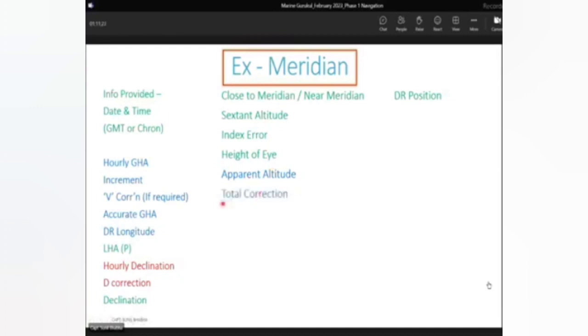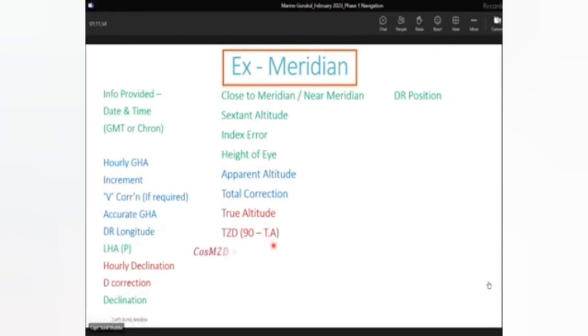Now to this apparent altitude, we apply the total correction, and this gives us the true altitude of the body. Once true altitude is obtained, we can get the true zenith distance of the body, which is 90 minus true altitude. So once you have calculated up to here, you are ready to go into the intercept formula.